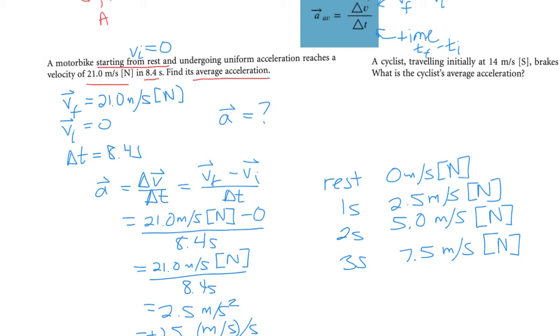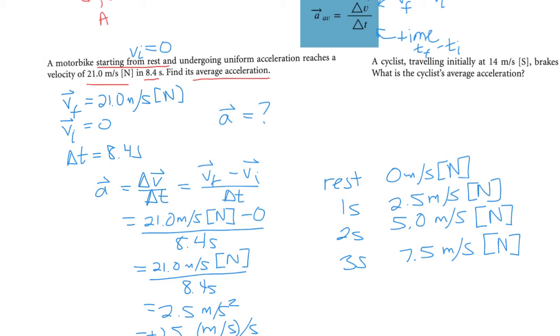Therefore, the acceleration is 2.5 meters per second squared. I like to write it as meters per second squared in my paraphrase because it makes it a little bit shorter to write. So hopefully that gives you a picture of what's actually happening with the velocity.